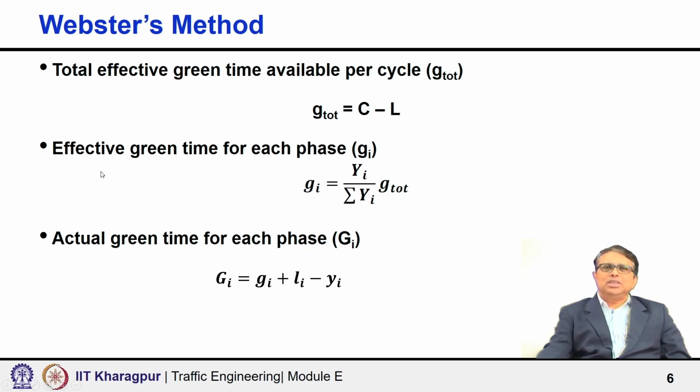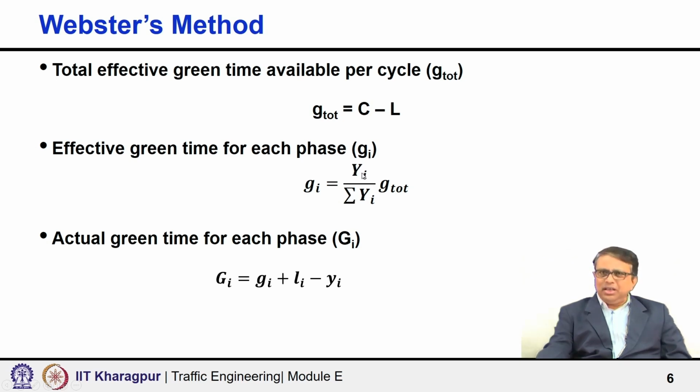Then, how do we distribute this total effective green time? We distribute it in proportion to Y, so Y_i divided by the sum over Y_i. That is how much share one particular phase i will get.